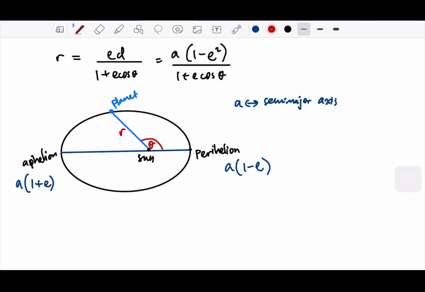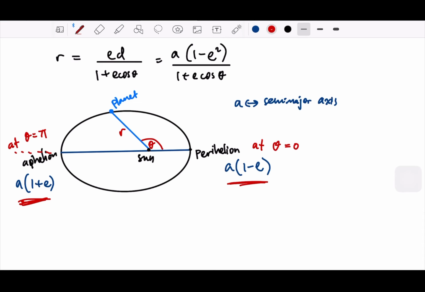And if you want to know why this difference: this is at theta equals 0, and this is at theta equals pi. At theta equals 0, our cosine will be 1, so it's just 1 plus e.